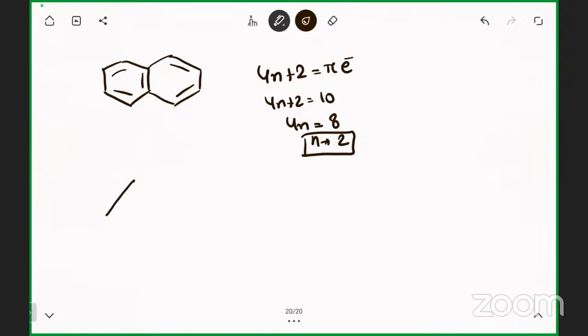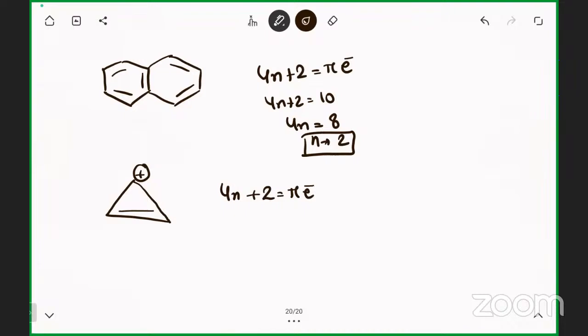Okay, let's take an example of this compound. In this particular compound we have conjugation: double bond, single bond, positive charge, single bond, double bond. Conjugation is there, cyclic is there, the compound is planar. So first we'll use what? 4n plus 2 equals pi electrons.